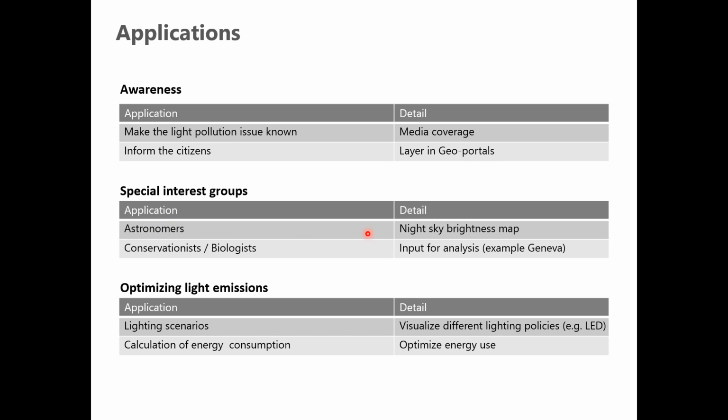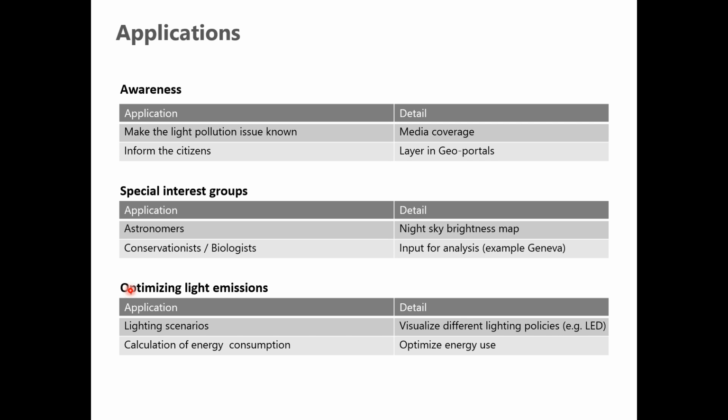Another use could be by astronomers, who could have an interest in finding good spots to look at the sky, to look at the stars. Such a map could give information regarding this. And a third application could be optimizing light emissions, of course.